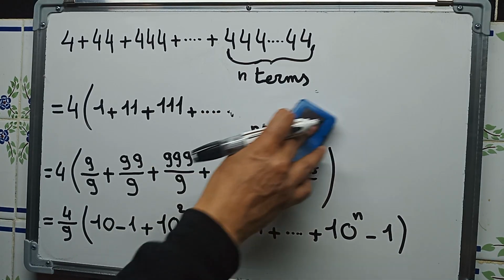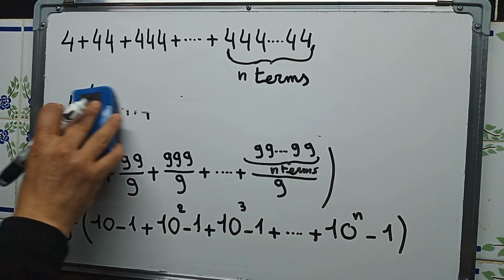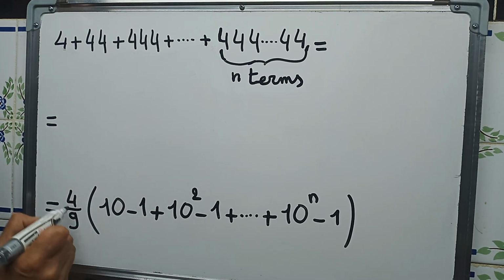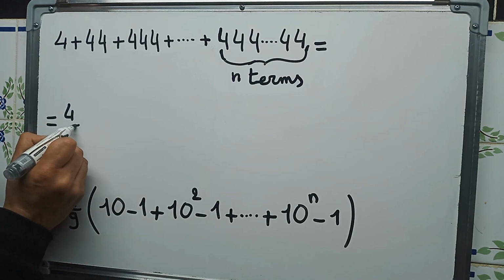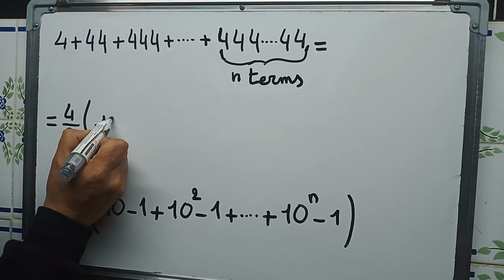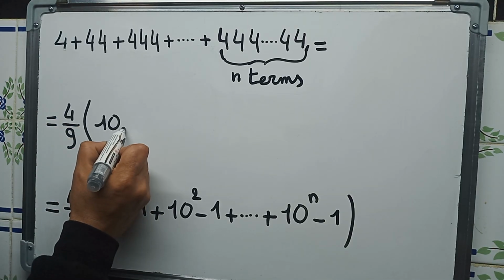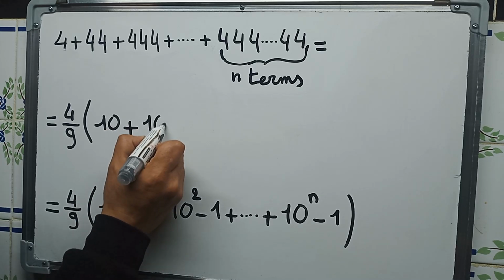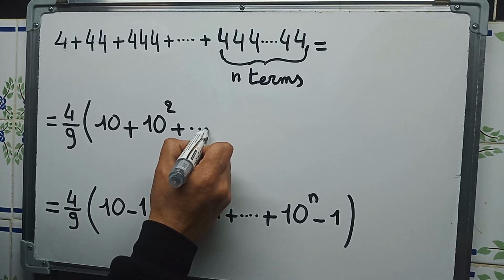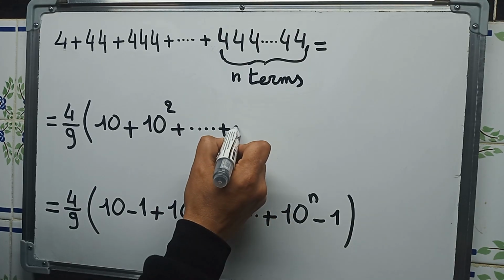So I will continue here. So our sum is equal to here 4 over 9 times 10 plus 10 squared plus until 10 to the power of n.